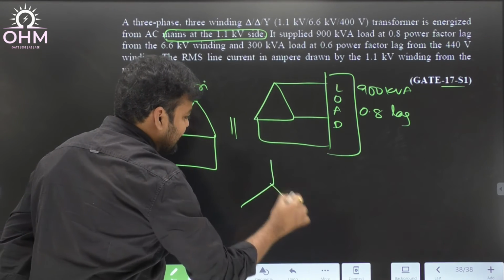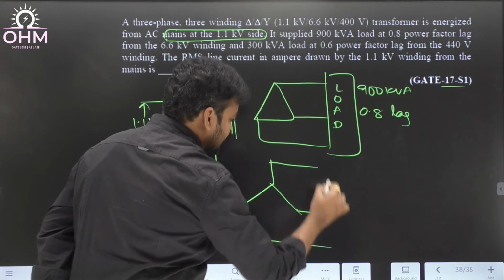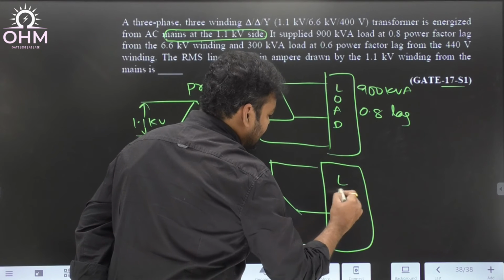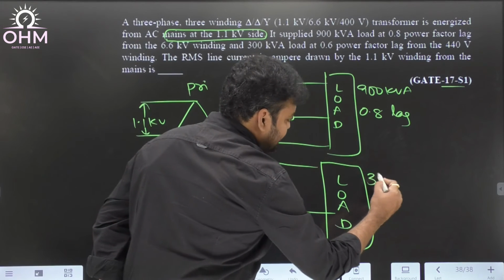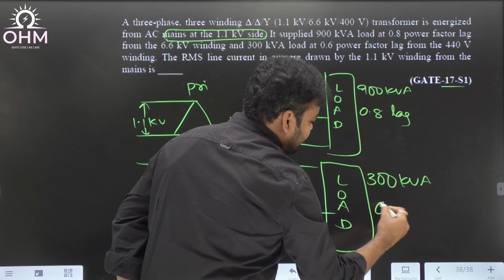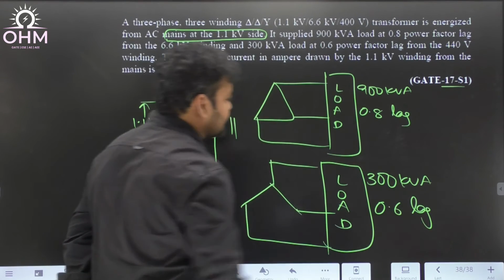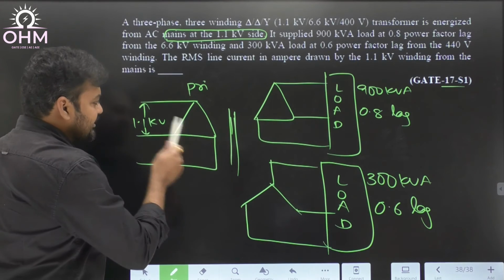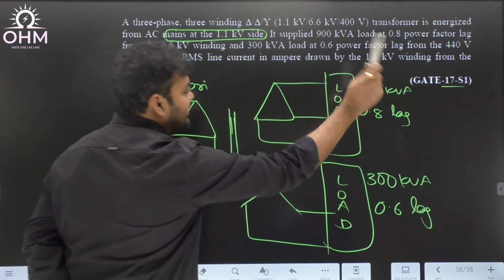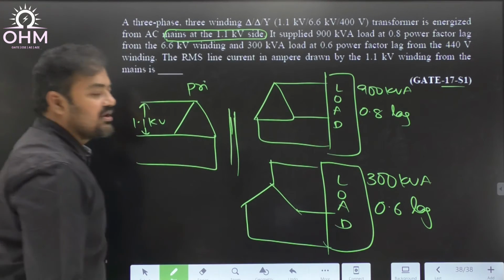There is one more winding which is star connected, connected to one more load, and the load power is 300 kVA at 0.6 lagging power factor. Okay, so it's a transformer having three windings. First winding connected to source, second winding connected to load, third winding also connected to load.